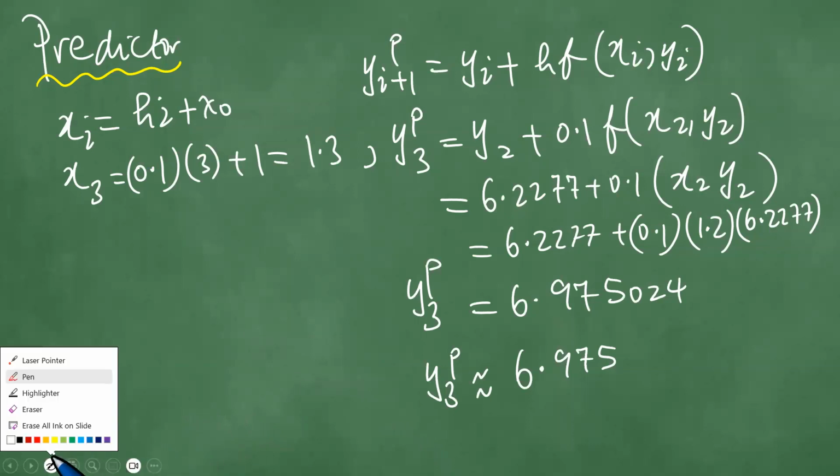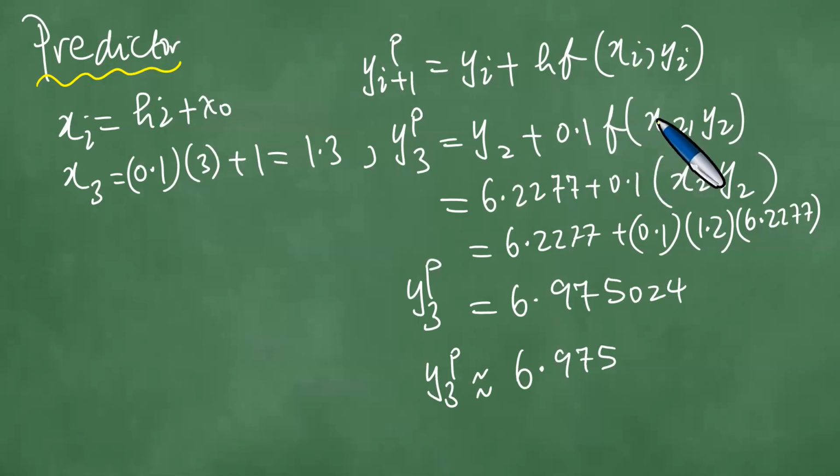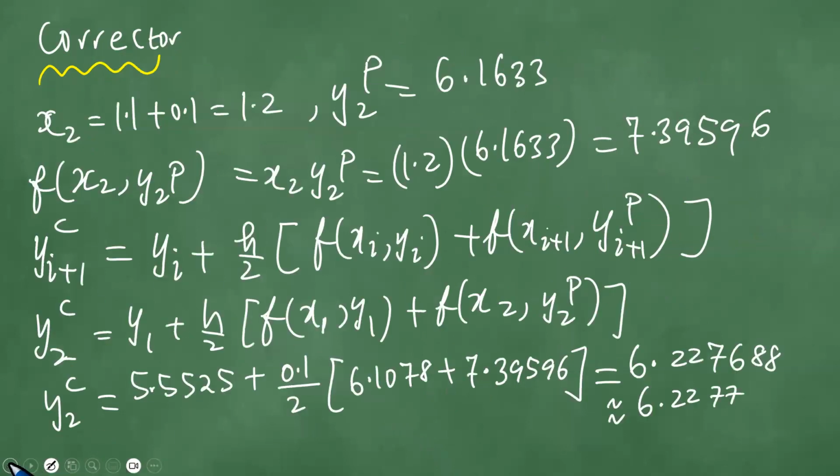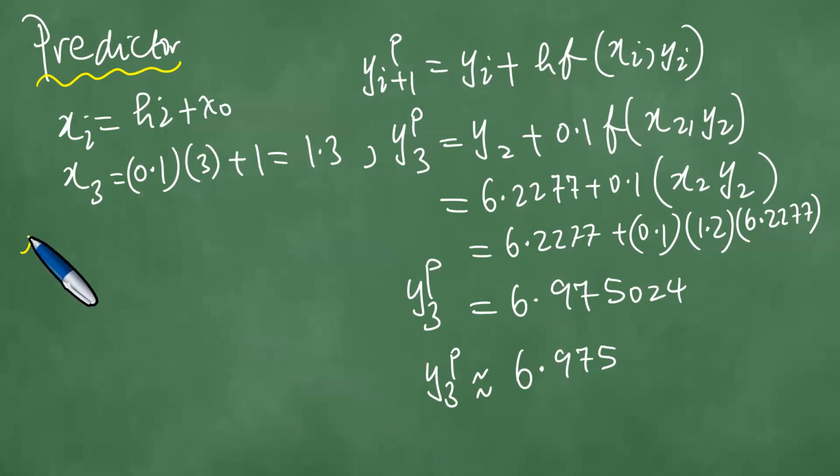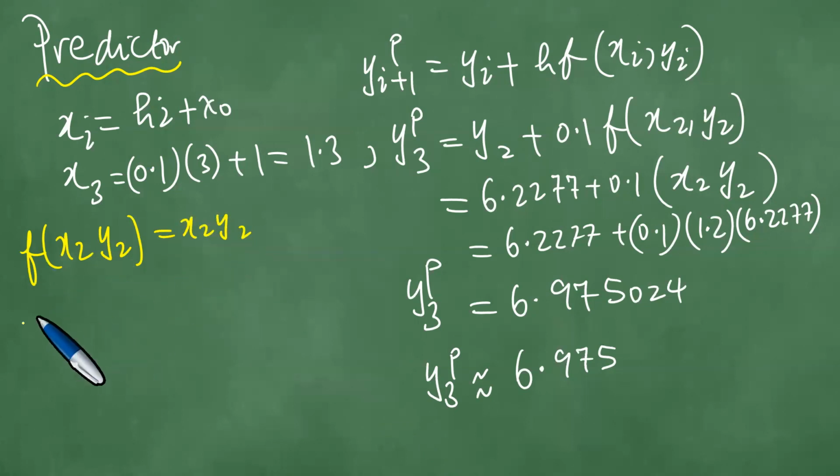But I want to make mention of something here. I want us to write this one down, this f of x2, y2, because we're going to put it in the table. According to the formula it is f of xi, yi, but this is f of x2, y2.